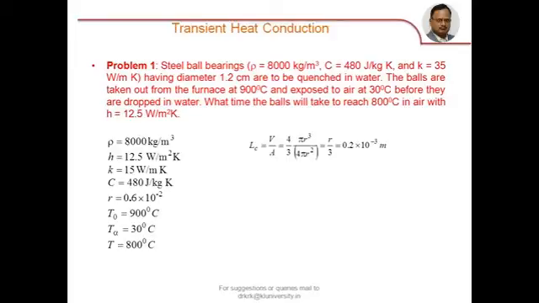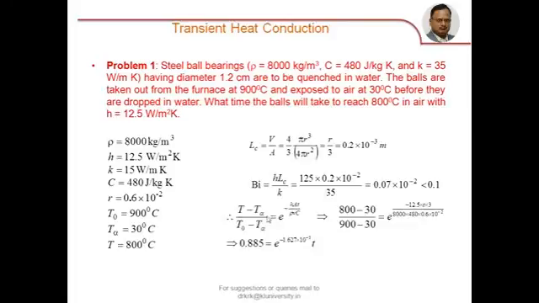So when you want to consider it as a negligible internal resistance system, you have to check the Biot number, the ratio of internal resistance to external resistance, h Lc by k. You will get 0.07 into 10 power minus 2, which indicates that it is a very low, negligible internal resistance and is less than 0.1. Hence this case falls under the first category.